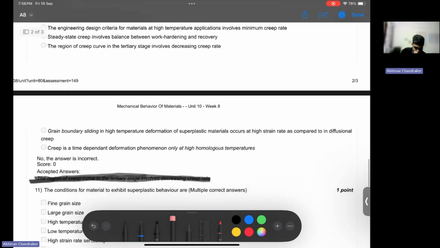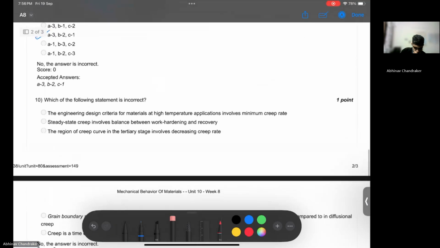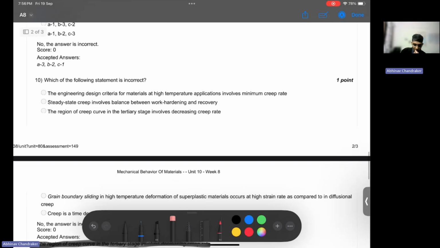Which of the following statements is correct? The engineering design criteria for materials at high temperature applications involves minimum creep rate. Yeah, true. Minimum creep rate tells a lot about the life of a component, so it goes into the design criteria.